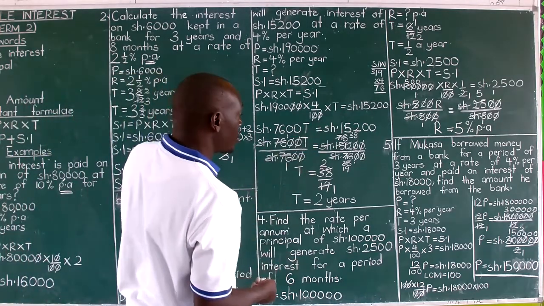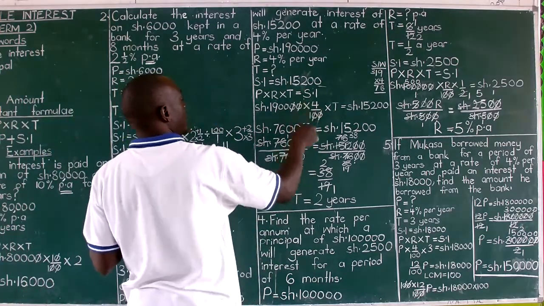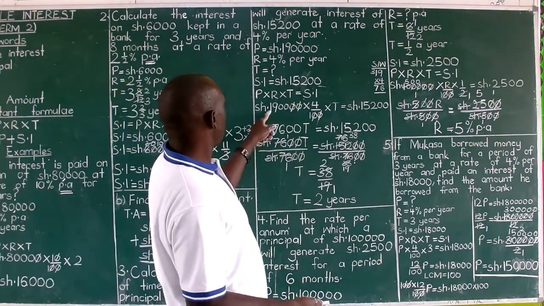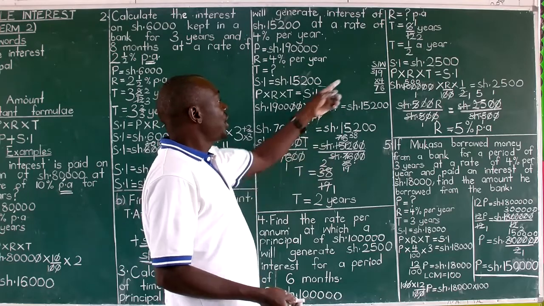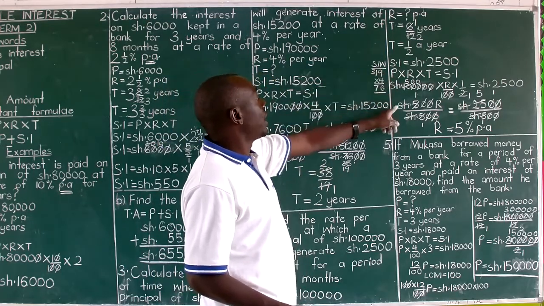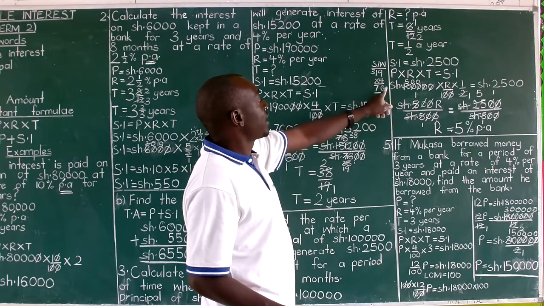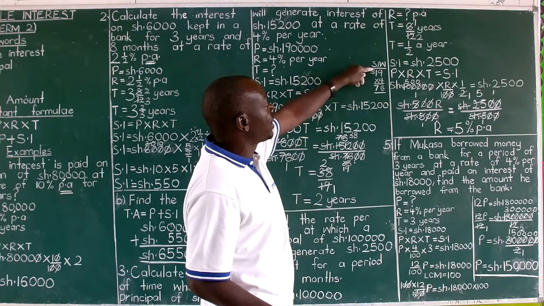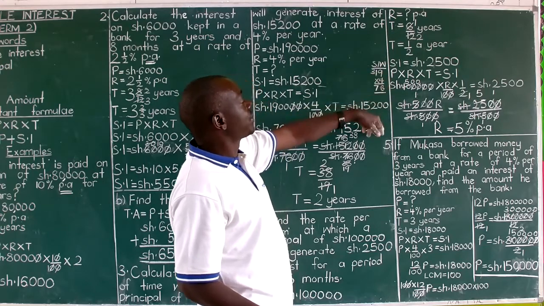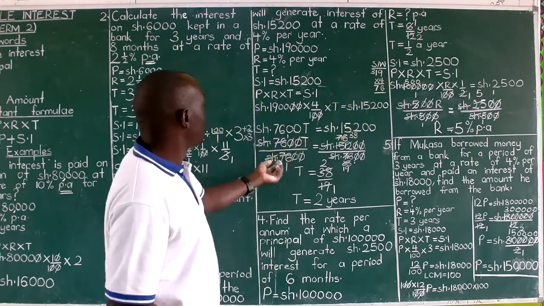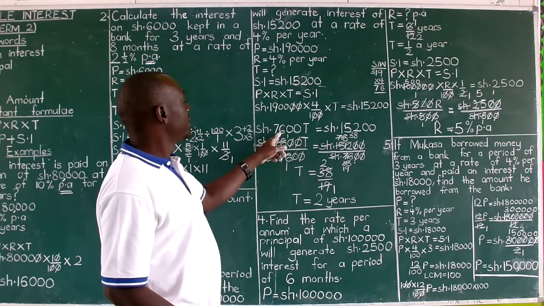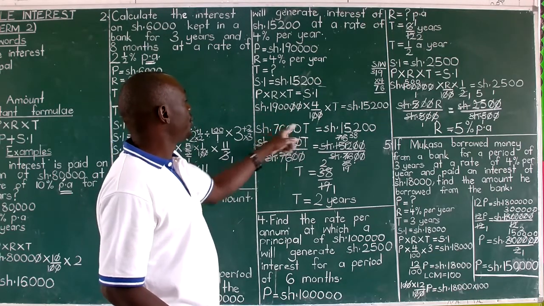Now start our calculations by 10, by 10, by 10, by 10. So you see, we are left with 1,900 times 4. Side work, multiply 19 by 4. 9 times 4 is 36, write 6 and carry 3, then 4 times 1 is 4 plus 3 is 7. So 76, and remember the two zeros here, so it becomes 7,600 T shillings.